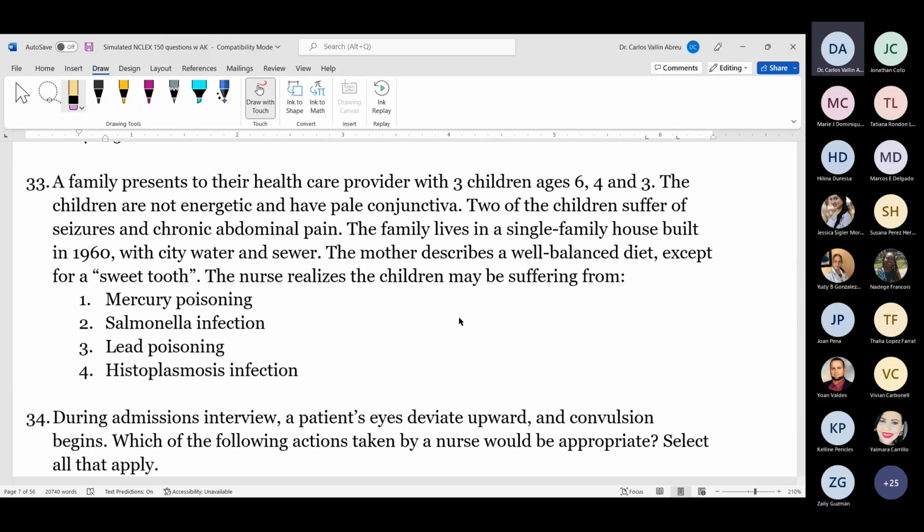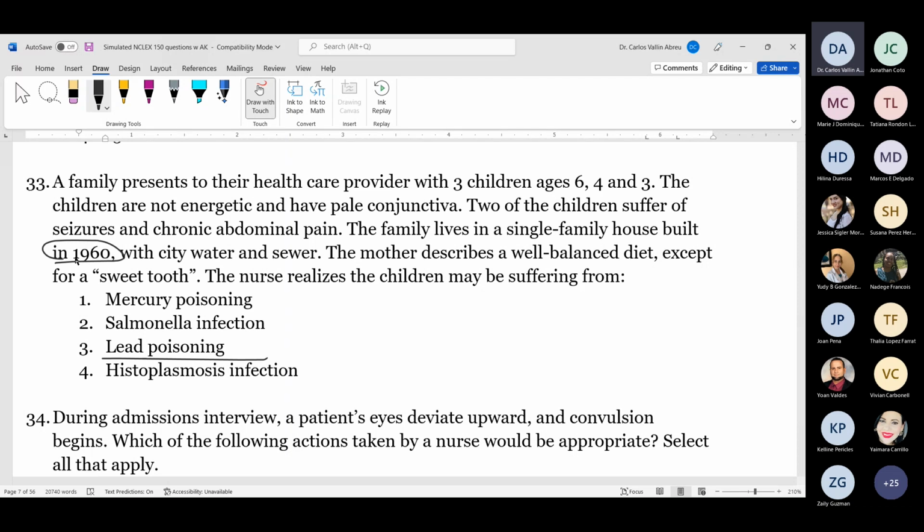Three. Lead poisoning. What makes you suspect lead poisoning of all this stuff? The house is built in 1960. Okay, it is an old house. It's true, the anemia, the abdominal pain, the seizure can also be explained by lead poisoning, but also can be explained by other conditions.